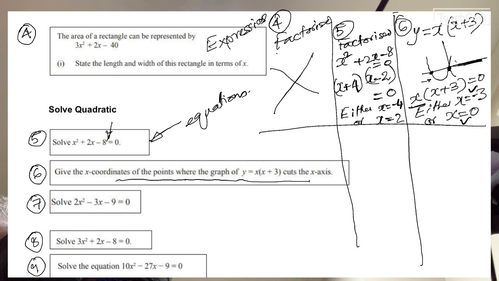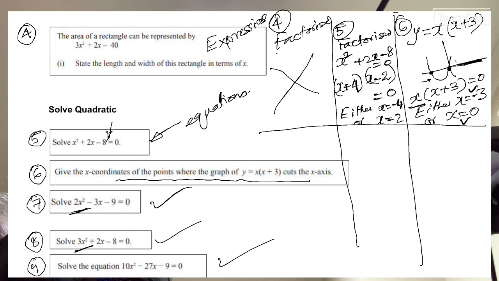I think I'll stop there because you should be able to solve these three on your own. These are quadratic equations, and harder quadratics because the coefficient in front of x squared is 2.